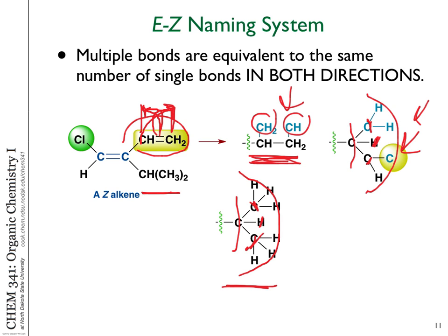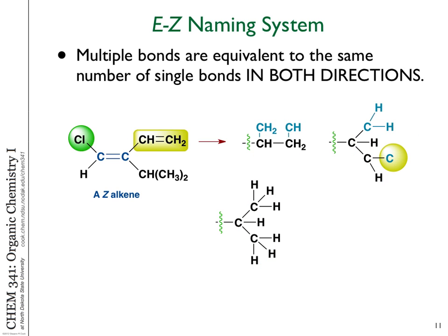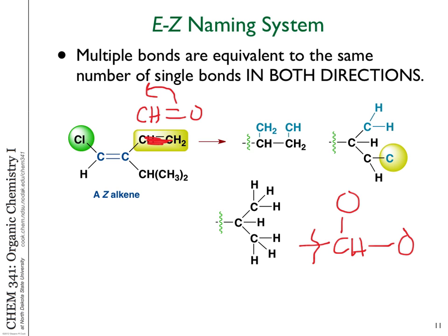It would be the same thing if we had a double bond. Instead of this group, we had a double bond to an oxygen. We would consider that group, if we were to think about what that would be, the imaginary group would be a CH and bonded to an O, and if I swung this up to the left, we'd have a bond to an oxygen, and if I swung this bond up to the right, we'd have a bond to a carbon.